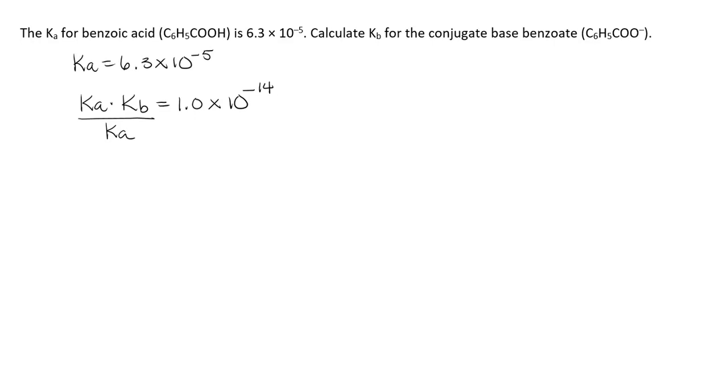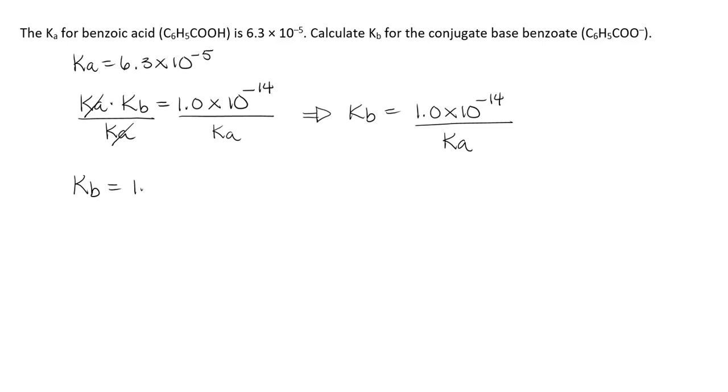So if we divide both sides by Ka, then we get Kb equals 1.0 times 10 to the negative 14 divided by Ka. So plugging in our Ka, Kb equals 1.0 times 10 to the negative 14 divided by 6.3 times 10 to the negative 5.